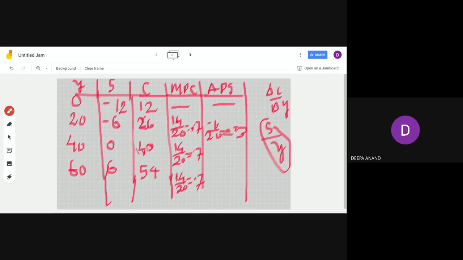And here, what is the saving? Look at the column. What is the saving? 0. Isn't it? 0 upon 40 is 0. And here 6 upon 60. Yeah, 6 upon 60. That is 0.1.